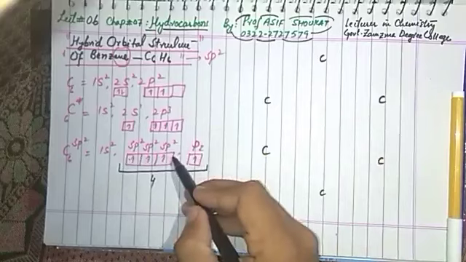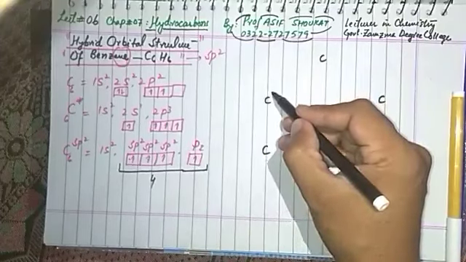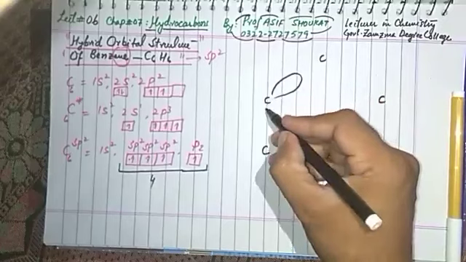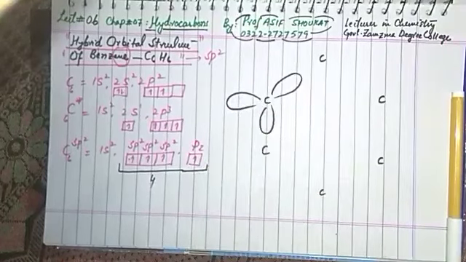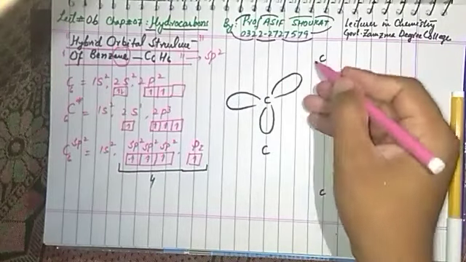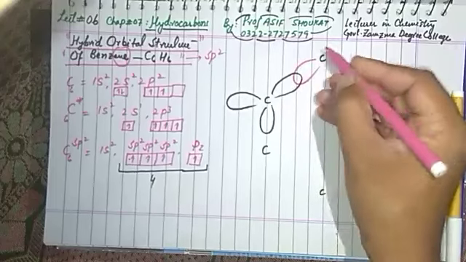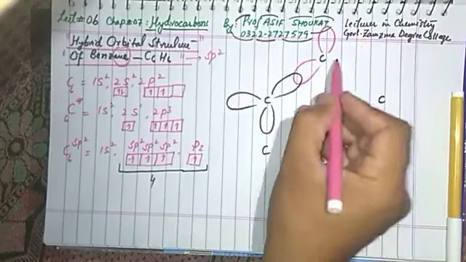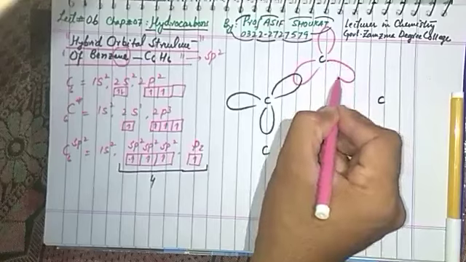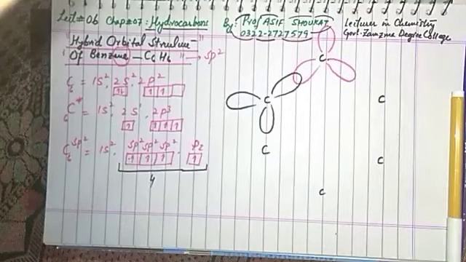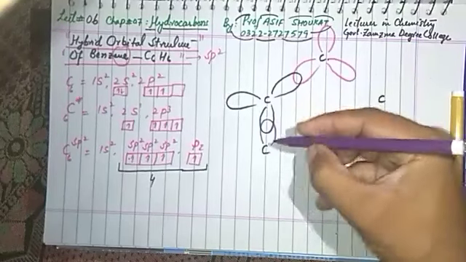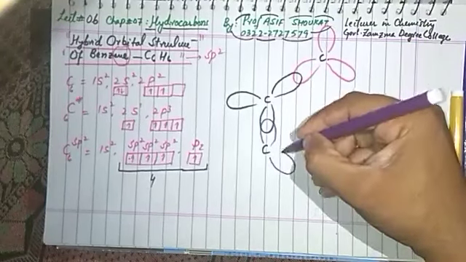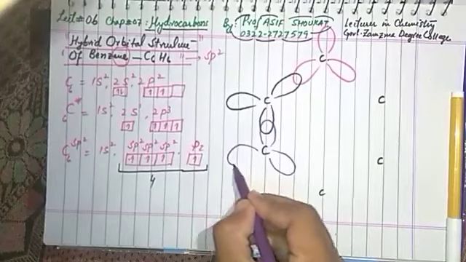These 3 are present at equal possible distance: 1, 2 and 3. Look for this carbon: 1, 2 and 3. Look for this carbon: 1, 2 and 3.